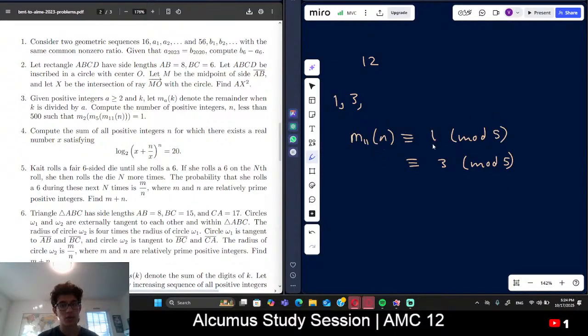Now, we want to go one step out from here as well. You want it to leave you a remainder of 1 mod 5 after you divide it by 11.